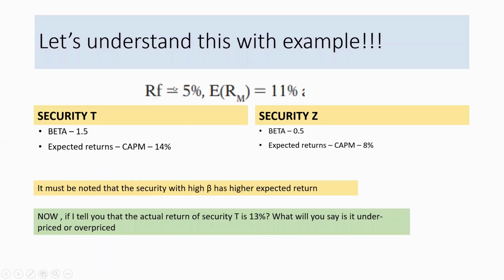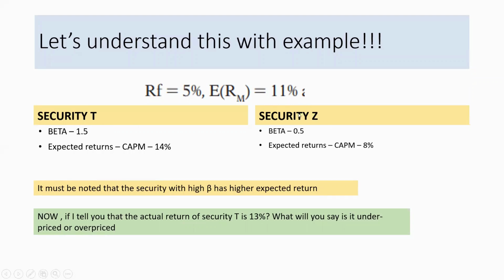Let's say RF, the risk-free asset's return is 5%, and the market's is 11%. What premium will you get if you invest in the market? Let's say you invested in security T, so the return will be 5 + 6 into the risk you are taking, that is 1.5, so you will get 14% return.